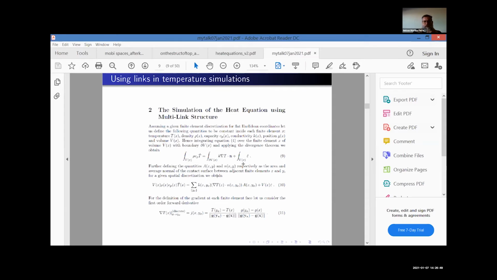Once again, the idea is if we discretize the model for the heat equation into the structure of a multi-link, each point in our domain has a geometrical interpretation.